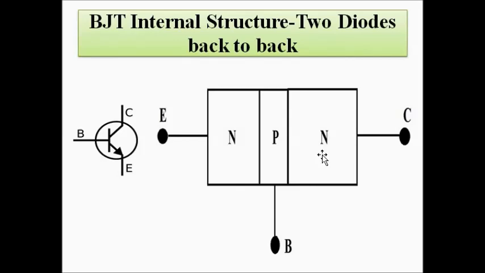So you can say that a bipolar junction transistor's internal structure can be represented as 2 PN junction diodes connected back to back. The first one is the emitter base PN junction diode, the second one is the collector base PN junction diode. So in a way you can also say that the internal structure of a BJT is composed of 2 PN junction diodes connected back to back.